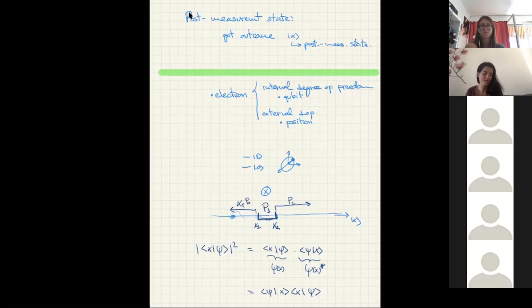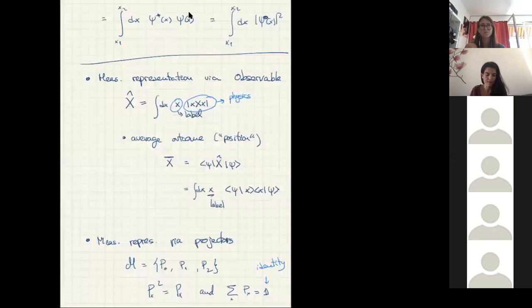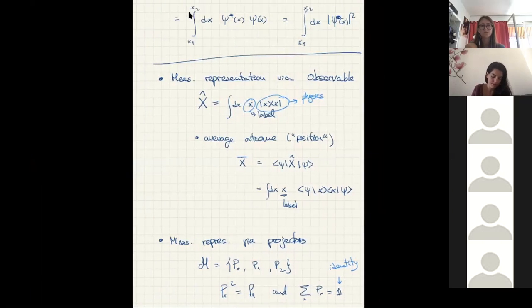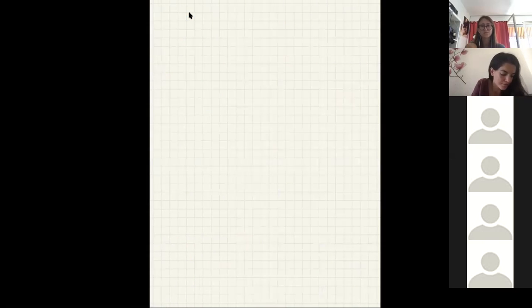Okay. Let's do the example here. P0 is just the integral from minus infinity to x1 of dx |x><x|.